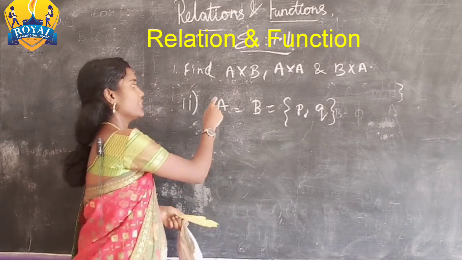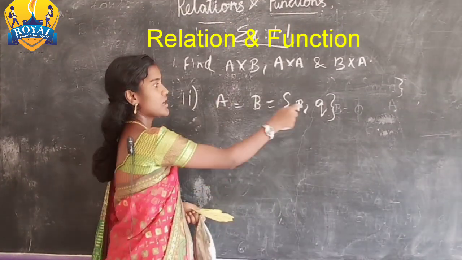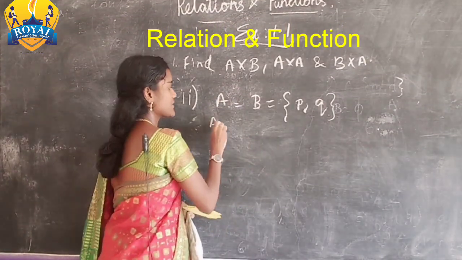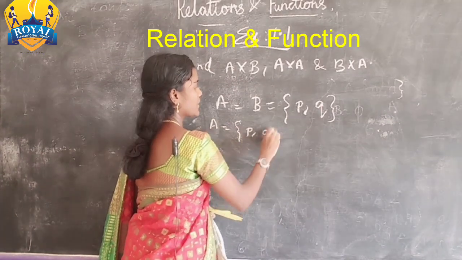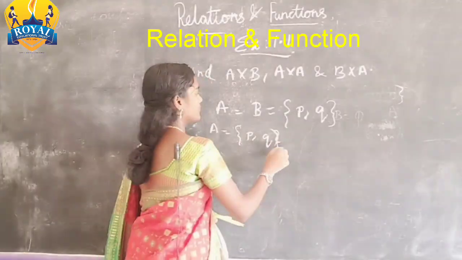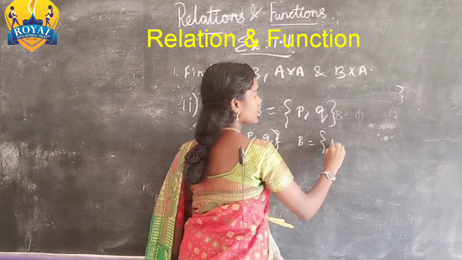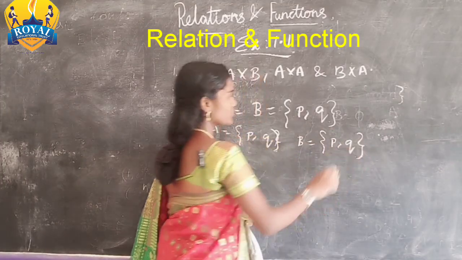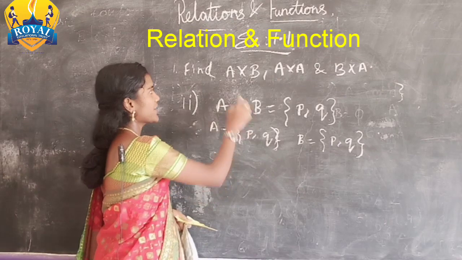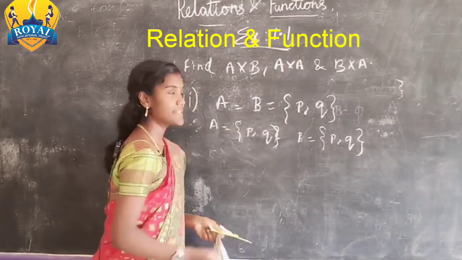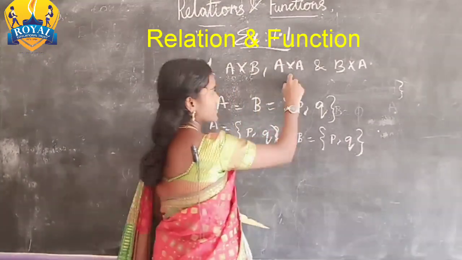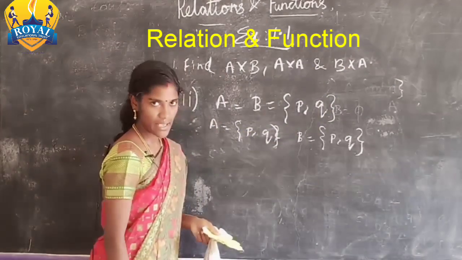That means the elements of A are P comma Q and the elements of B are also P comma Q. So you have to satisfy the above three conditions: A cross B, A cross A, B cross A.